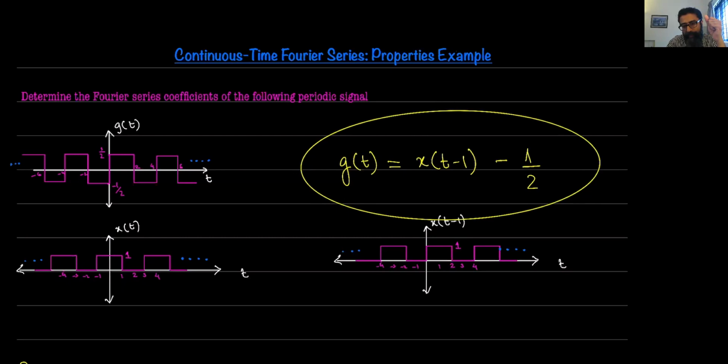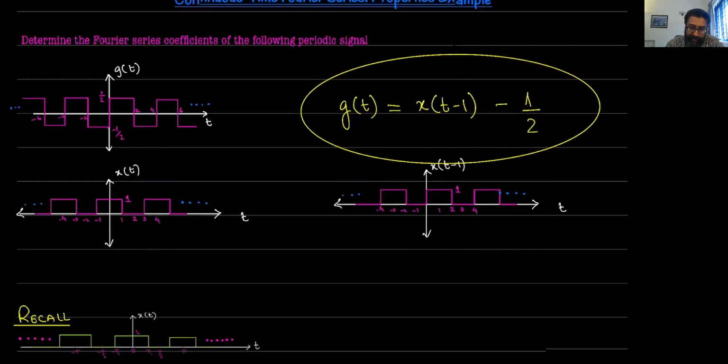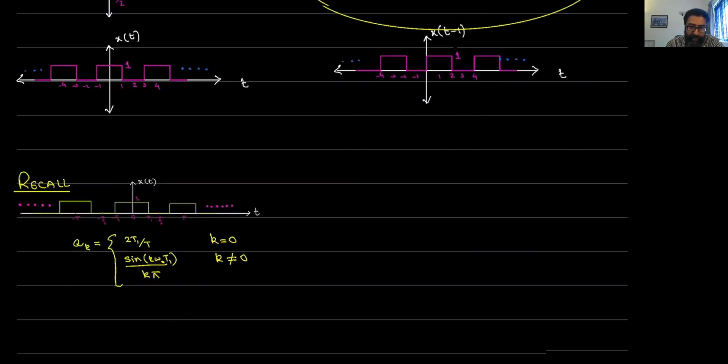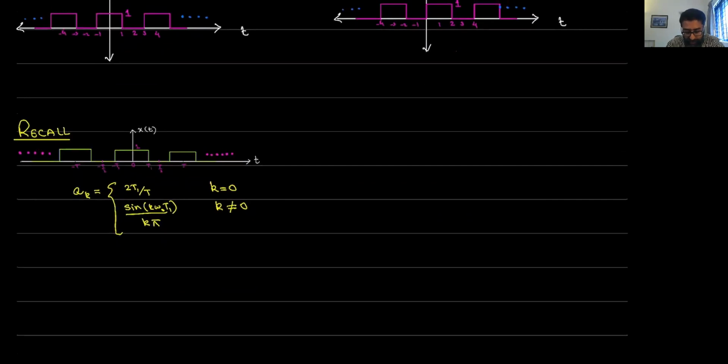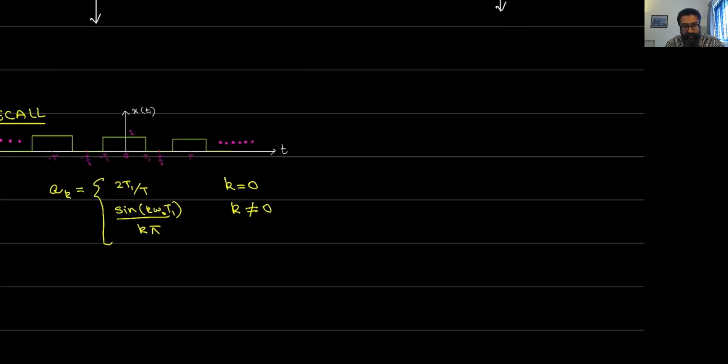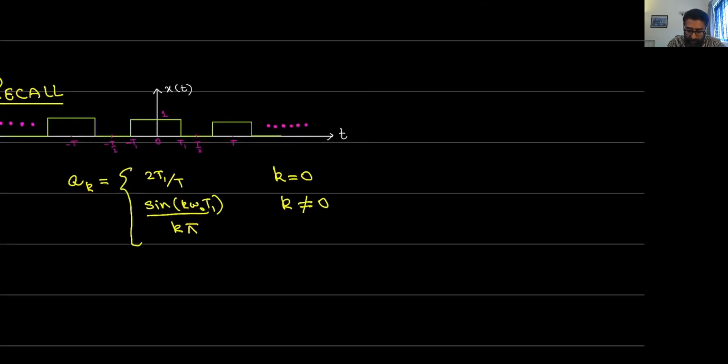So the next thing we'd have to do is try to determine what the Fourier series coefficients of x of t minus 1 are. And if you recall from one of the earlier examples that we've done, this is a general square wave x of t, which is equal to 1 from minus t1 to plus t1, and the amplitude is equal to 1.